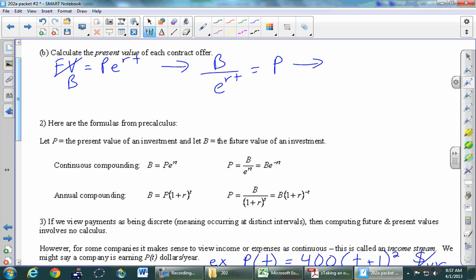And then I'll just write that as B e to the negative RT. And just like I used FV for future value, I'm going to call it PV for present value. So that's how we find the present value.